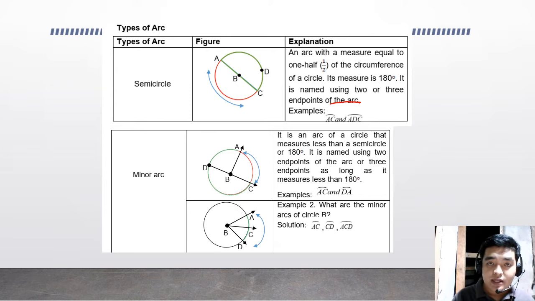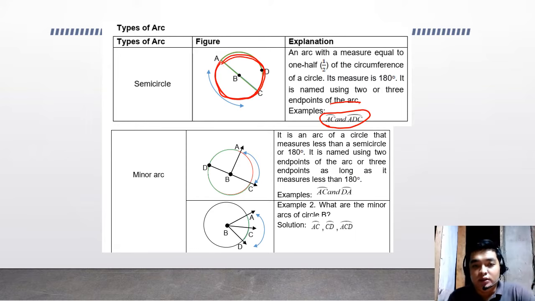In this circle B, the semicircle is this one, the arc AC, or you can name it as arc ADC. Don't forget the symbol. You can name it using two letters, or you can use three letters. That is a semicircle.